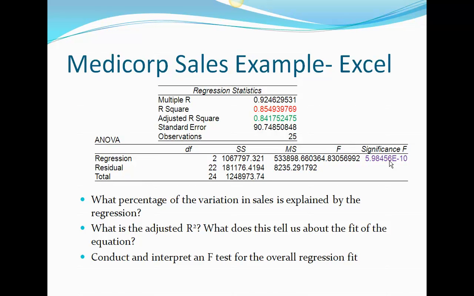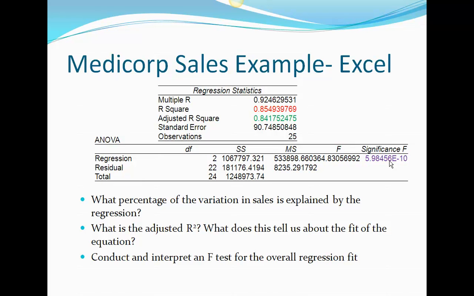Okay, so we can see the R squared and p-value of our F statistic here. So adjusted R squared, even after accounting for the impact of the artificial inflation associated with an additional independent variable, still we see that about 84% of the variation in sales is explained by our regression. So that's pretty good.